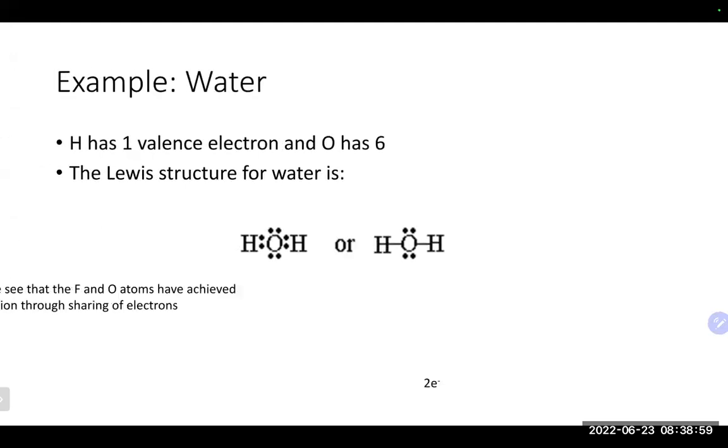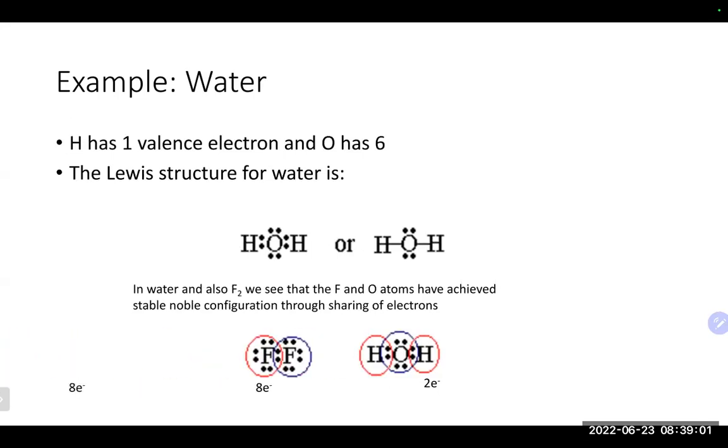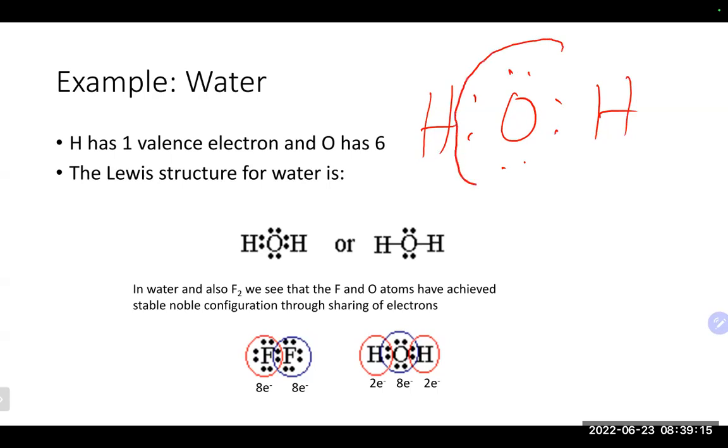So if we drew the Lewis structure here for water, we see the same sort of thing as we've been talking about. Here in this case, it is the oxygen, by sharing with both hydrogens here, able to achieve 8 electrons.